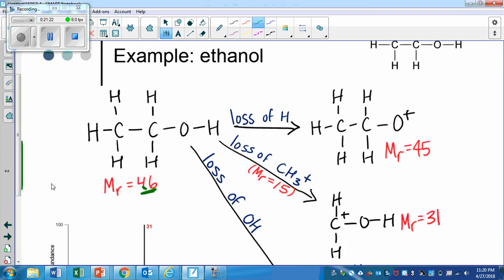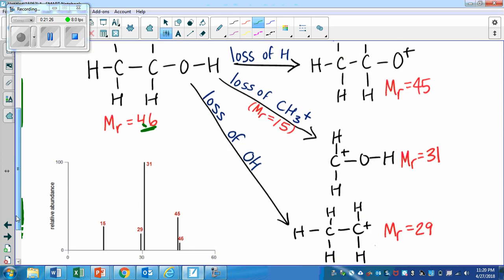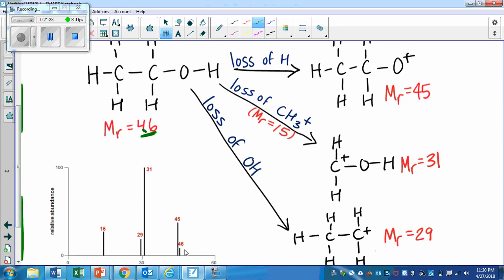So this is 46, the parent molecule, the M plus. Then loss of one hydrogen, this hydrogen is lost, and whatever molecule is left gives you this peak, 45.